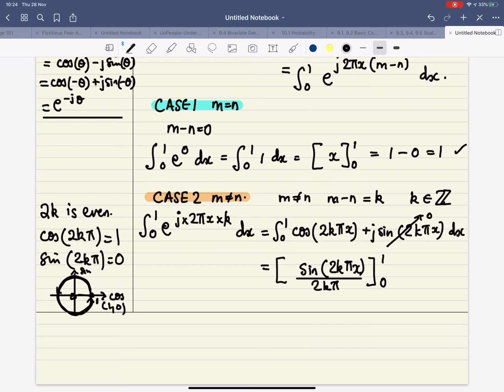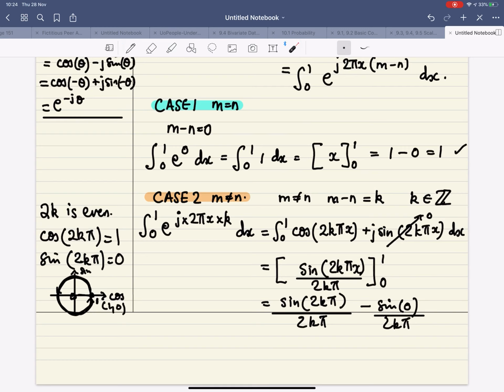So this is going to be sine of 2k pi times 1 divided by 2k pi, minus sine of 0 divided by 2k pi.